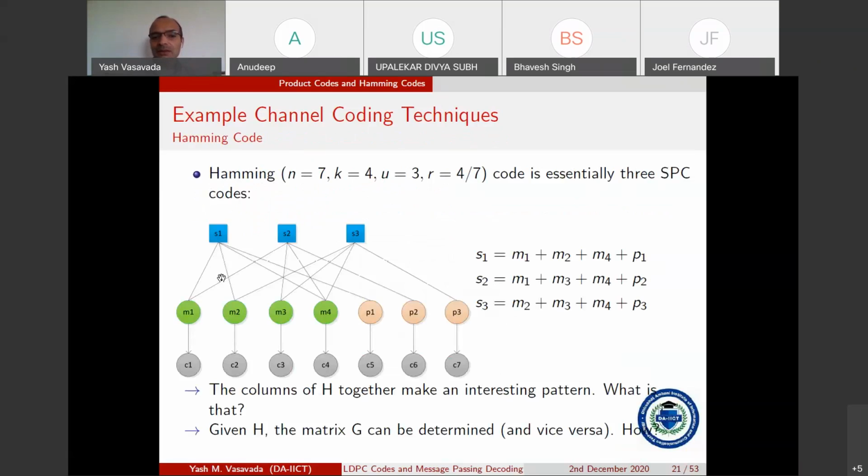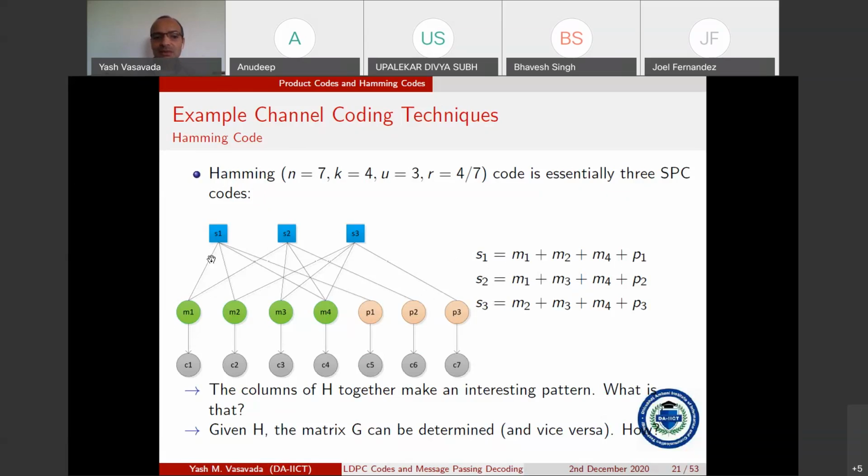Hamming code is also sort of like that. It is also 3 different SPC codes stacked on the same 4 message bits. And the formulation of the supervisory bits is given by these 3 equations.